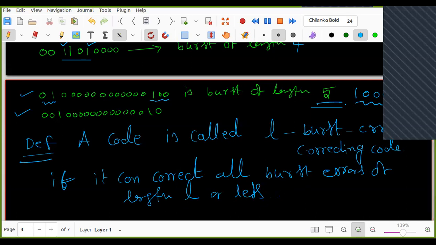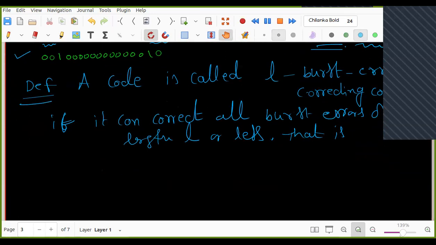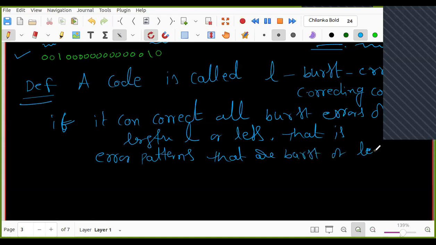So that is error patterns, that is, error patterns that are bursts of length L or less.